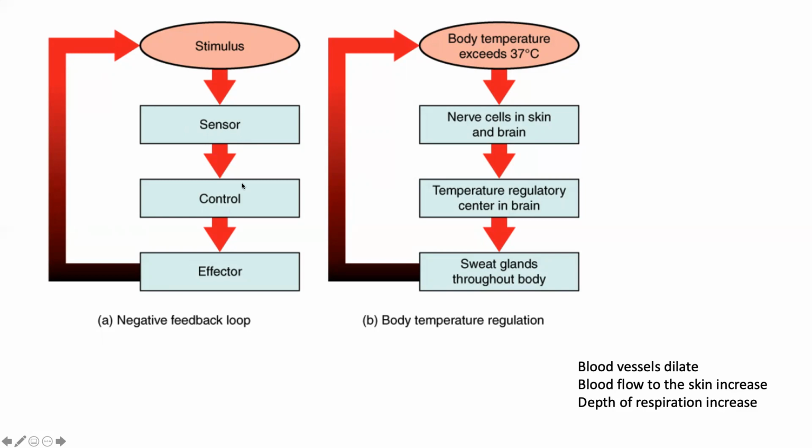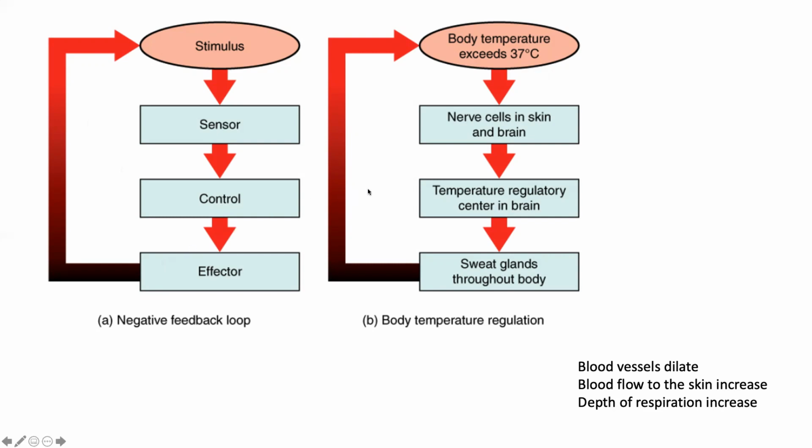And finally, the control system will provide a message and information to affected organs so that the stimulus is reduced and reset to the normal set point. This is what we call negative feedback.